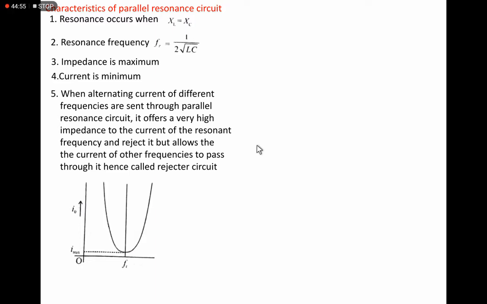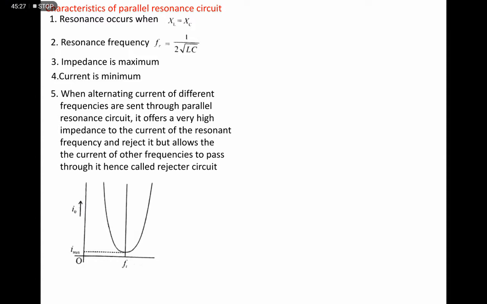The same characteristics we can explain for the series LCR circuit or series resonance circuit. So this is the topic included in the AC circuit. Students, remember electromagnetic induction and AC circuit are the same topics; they depend on the same mechanism.